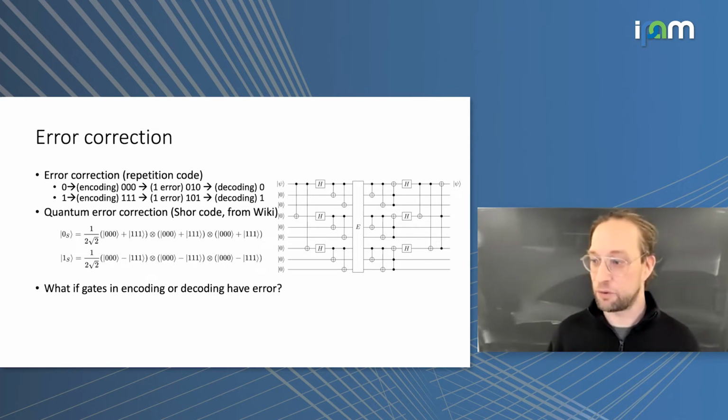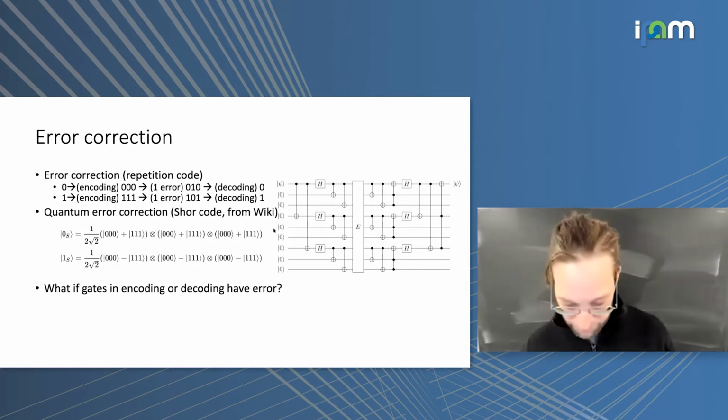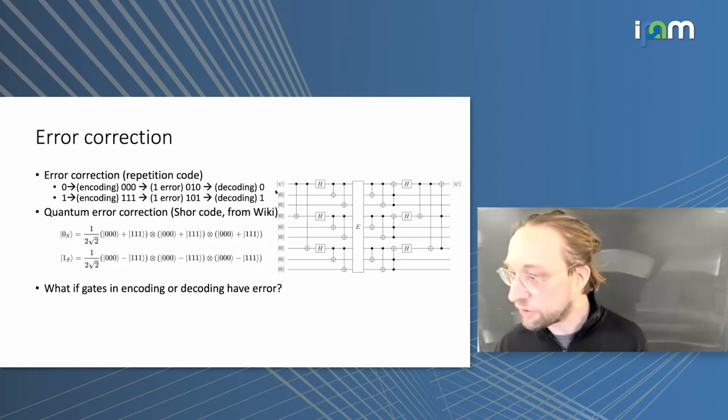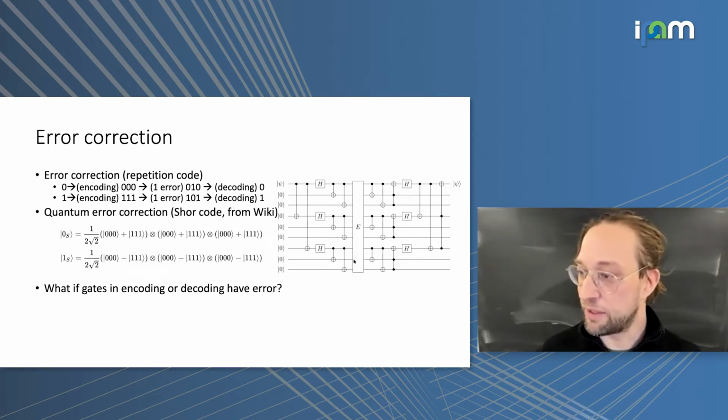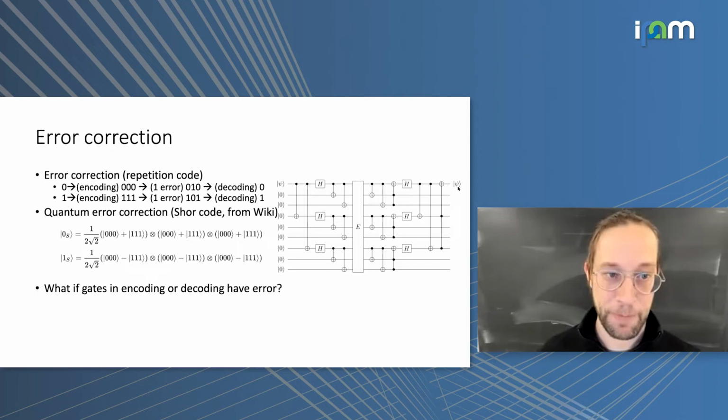You see, I'm encoding this psi into the code, and before this E happens, the E is like an error map, I have it encoded in the Shor code. And if then an error happens, like a single error, I can successfully decode to get psi back.